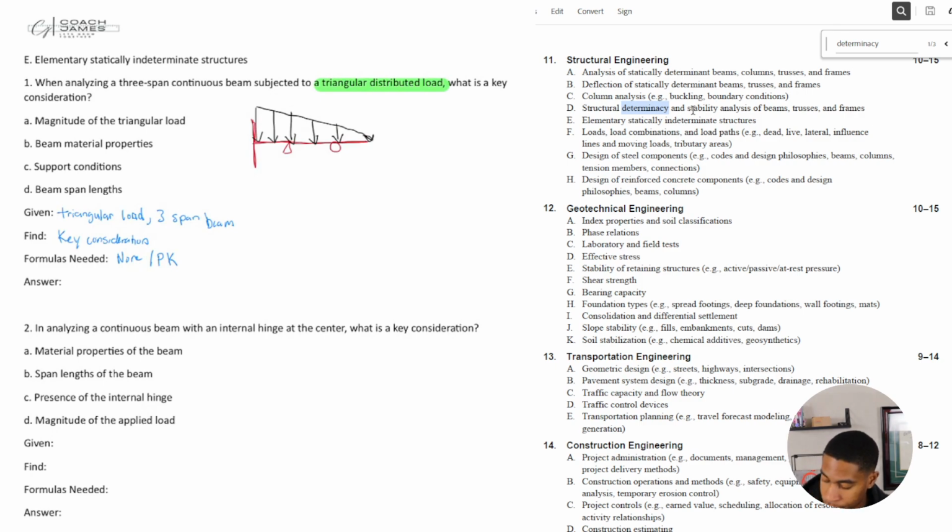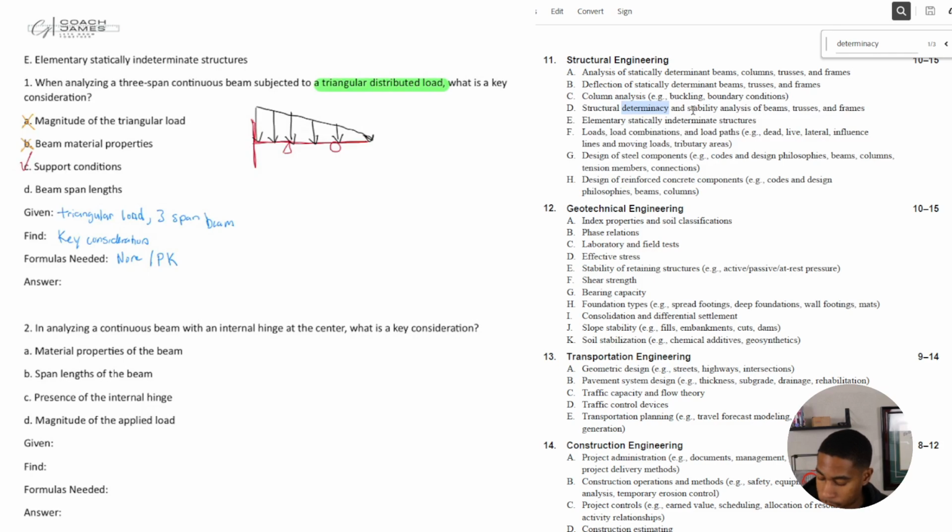Is that a key consideration? So I would say it's important, but it's not the most important. I'm going to say no. Beam material properties. Okay, is this a key consideration? Not really. The support conditions, yes, because let's say you have a beam.